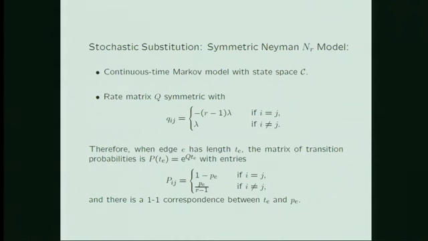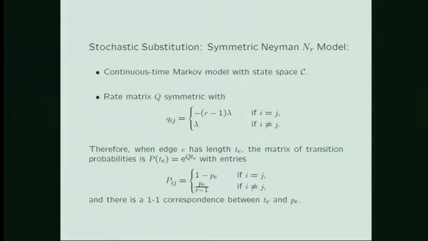And then if you know what the length of the edge is in terms of physical time, the matrix of transition probabilities over this edge between all states is given by this matrix exponential.